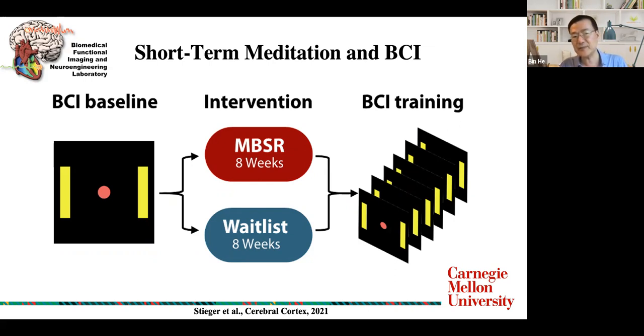In this experiment, we recruit all the subjects and do a baseline BCI experiment. Then we randomly assign half of the subjects to an 8-week meditation training course, and the other half is put on the waiting list. After 8 weeks, we bring everybody back for another 6 to 10 sessions of BCI evaluation experiments.